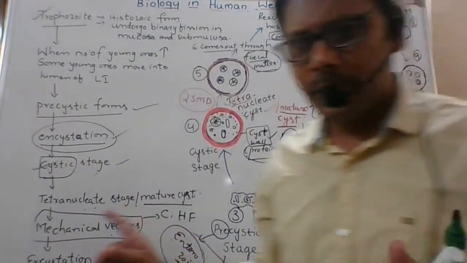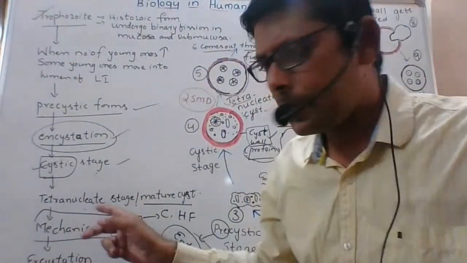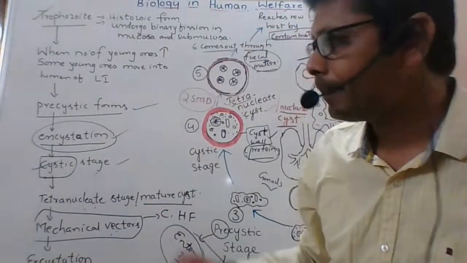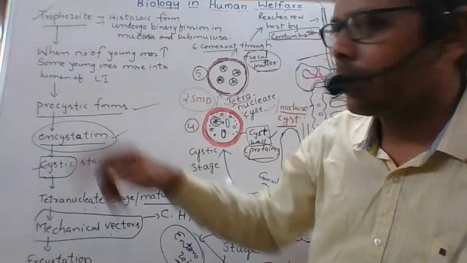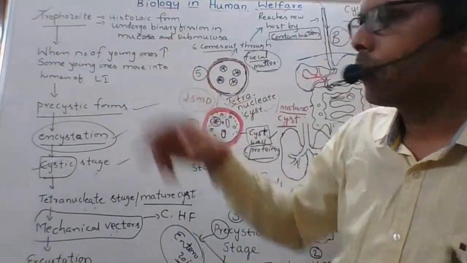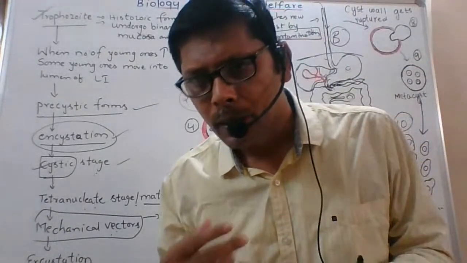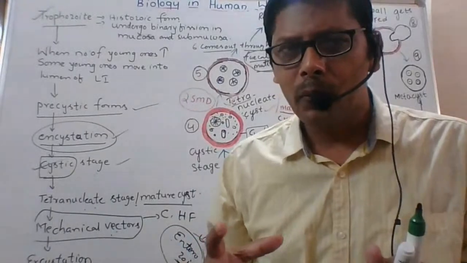Okay, I will show you that one when I teach here. When the number of young ones increases, the trophozoite undergoes binary fission because of repeated mitotic divisions, and many young ones are formed.